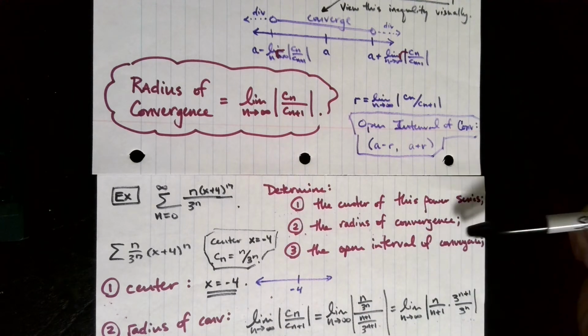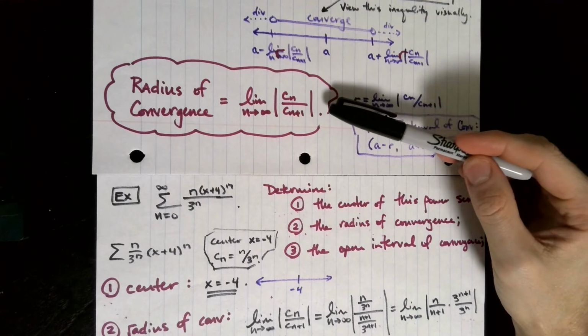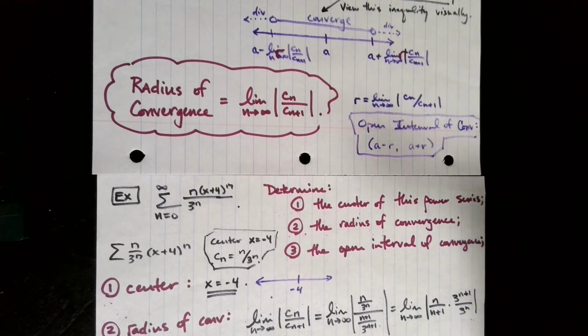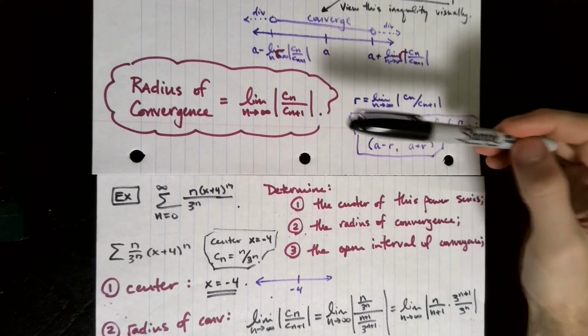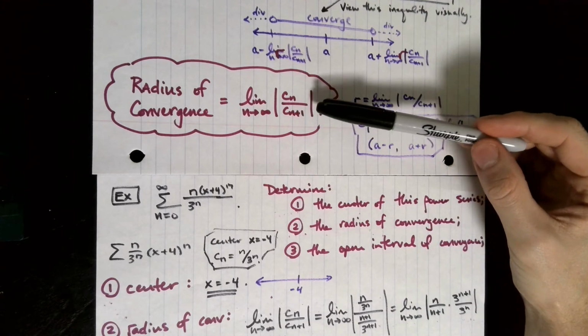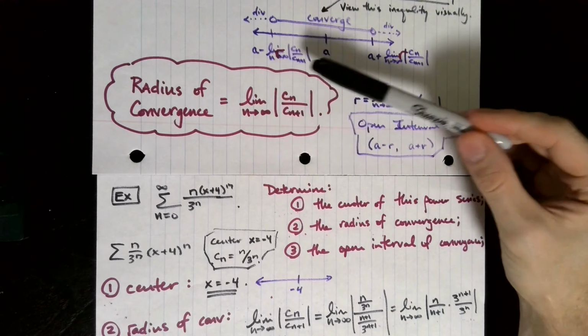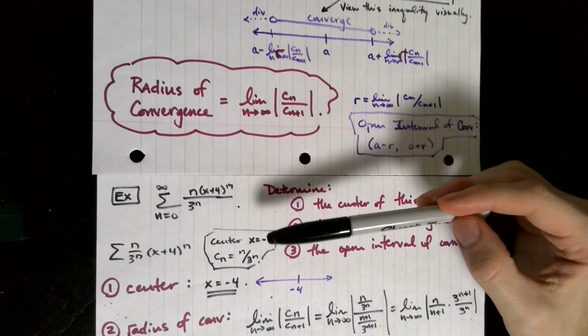Now, when it comes to radius of convergence, we need to use this formula. So the radius of convergence is going to be the limit as n goes to infinity of the absolute value of Cn over Cn plus 1. Well, in order to determine this expression, we're going to have to figure out exactly what Cn is.